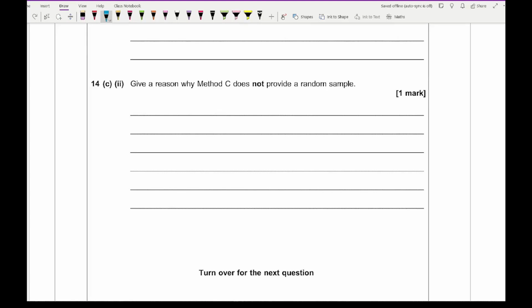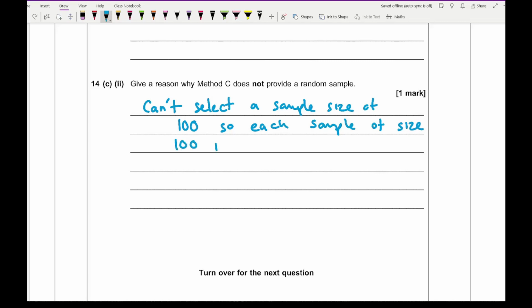Again, the reason for this is you can't select a sample size of 100, so each sample of size 100 is not equally likely to be selected, so not random. So something along those lines would be absolutely fine.